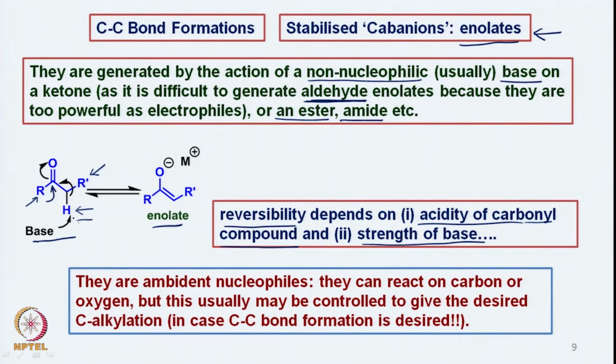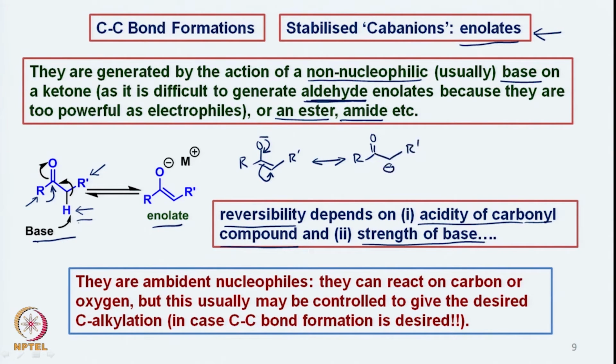Now this is how a ketone is converted to an enolate, and one can see that we can write the enolate as a resonance structure in this fashion, with the negative charge moving onto the carbon alpha to the carbonyl group.